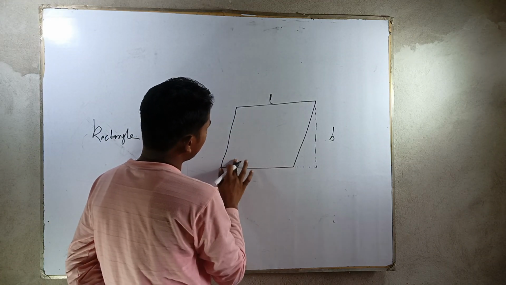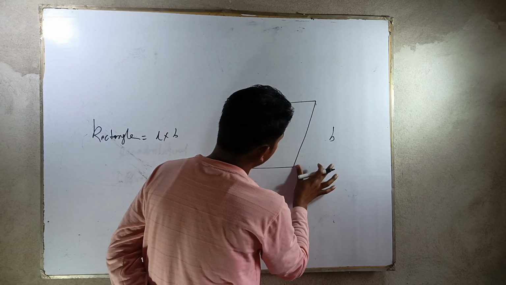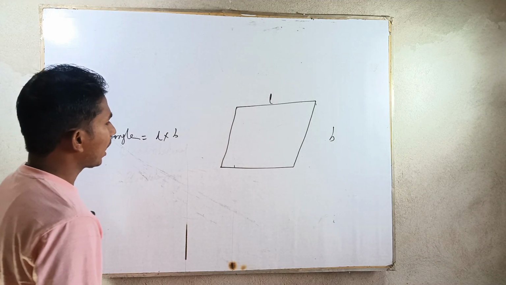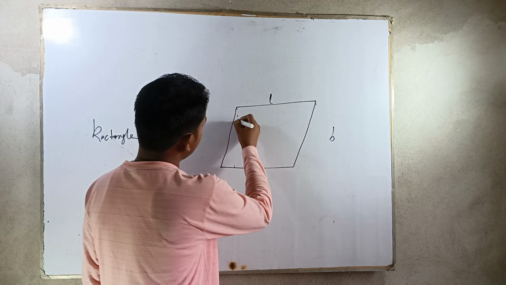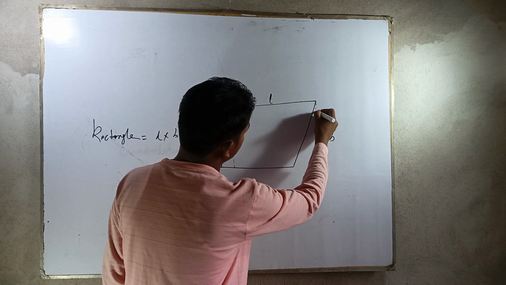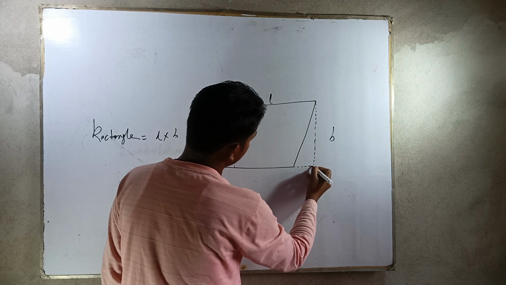This is in a shape like this one. This is a parallelogram. Then how will I find out its area? Same thing. First, I will make this and imagine that this one is a rectangle.